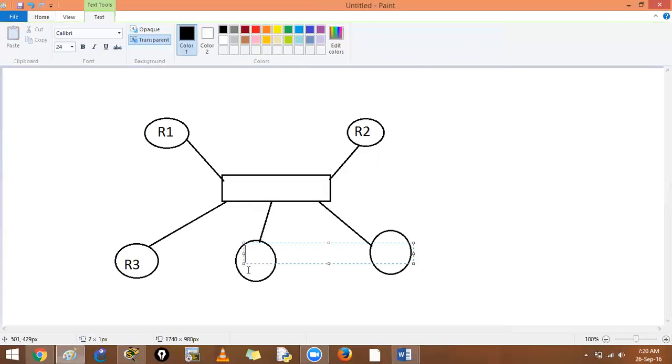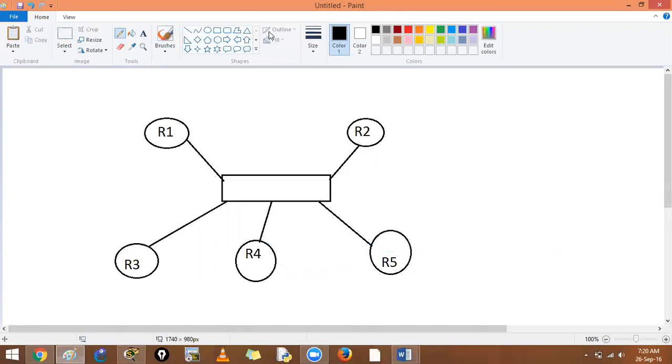Network type is broadcast. So what happens is, if this guy has a link that goes down, router 3 will send it on the network. This will be received by R1, received by R2, received by R3 and R4.